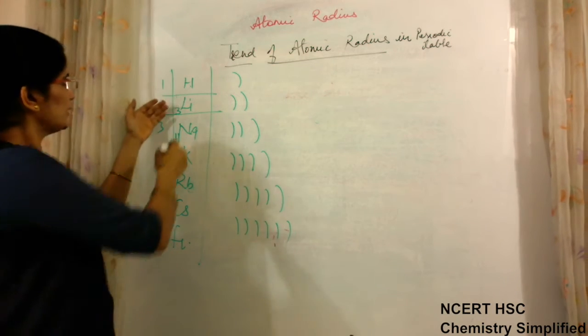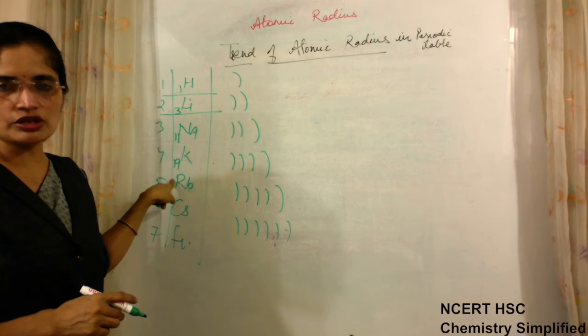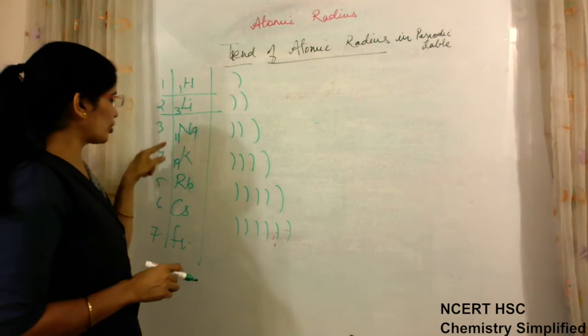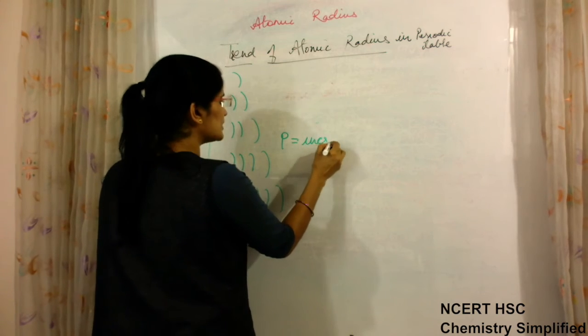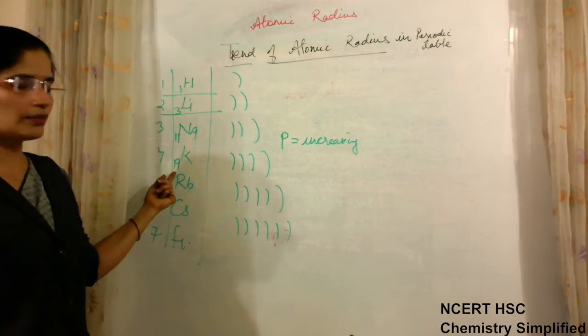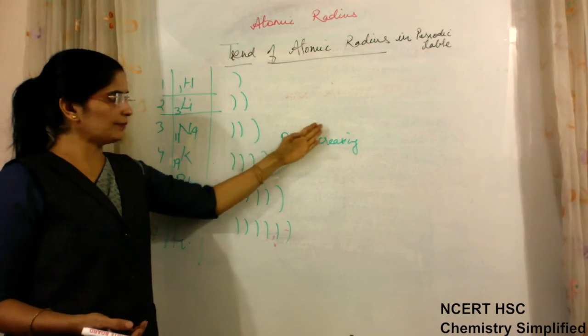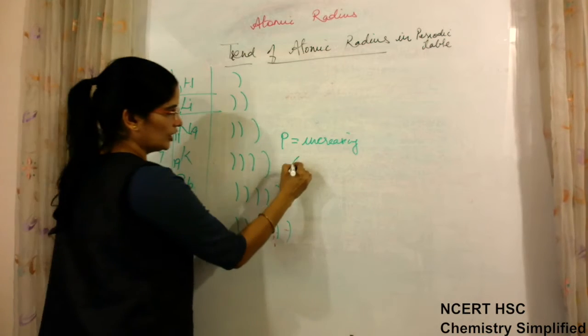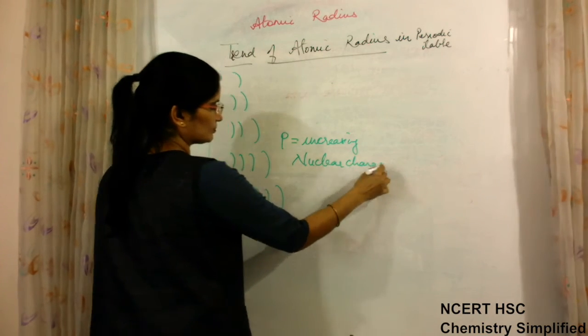So gradually, as we are moving from top to bottom, the number of electrons are also increasing. When the number of electrons are increasing, the number of protons are also increasing, because they will increase in the same order. As many as the number of electrons, the same is the number of protons. So when protons are increasing, nuclear charge is also increasing.